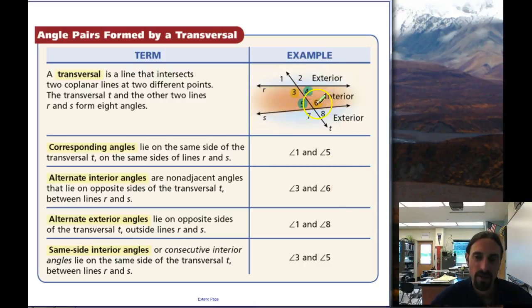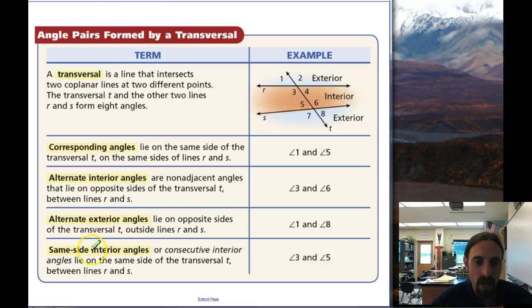See how those are alternate? Alternate means opposite side of transversal, interior between these lines. Alternate exterior angles, then of course, 1 and 8 or 2 and 7. Cool. Seems to make sense. Again, alternate, other side of the transversal, exterior, outside of those lines.